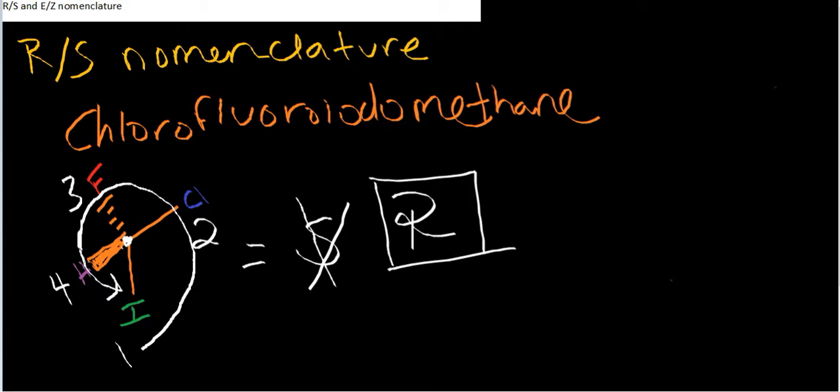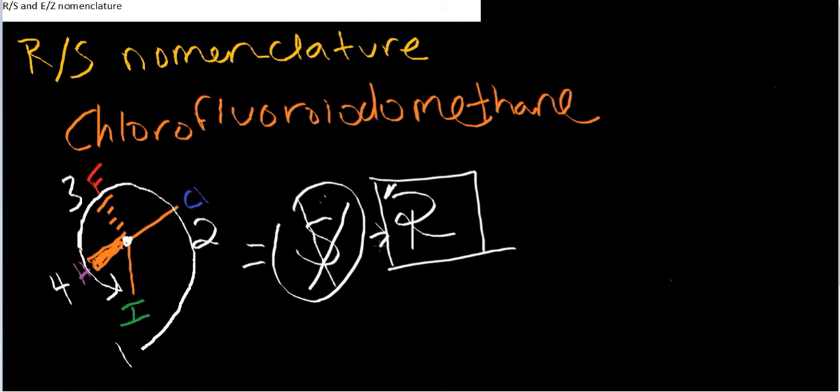So whatever your lowest priority group is doing, you can either designate it R or designate it S, but because the lowest priority is coming out at me and my arrow is counterclockwise, I would flip the letter to R and not S. So same thing if this was R configuration, I would flip the sign to S, but in this case it's S, so I flip it to R. Alright, so hopefully that makes sense.